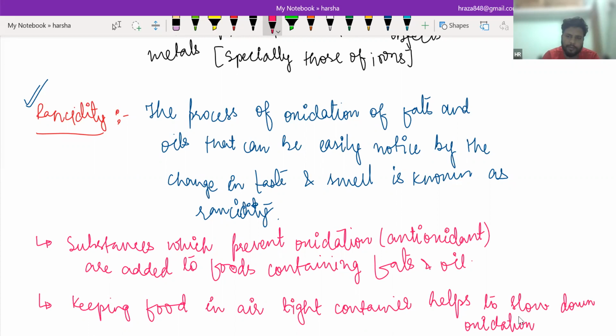That means it will take very long for rancidity to take place. This chapter is very easy, and this is the basic of chemistry from this chapter. So please do it carefully.